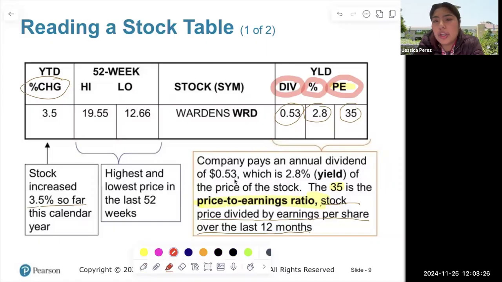So whenever you're reading a stock table like this, you should identify the different items: the year-to-date percentage change, where the stock increased by 3.5%; the highest price of the stock within the last 52 weeks and the lowest; the name of the stock; the annual dividend; the percentage; and the price to earnings ratio. Okay.